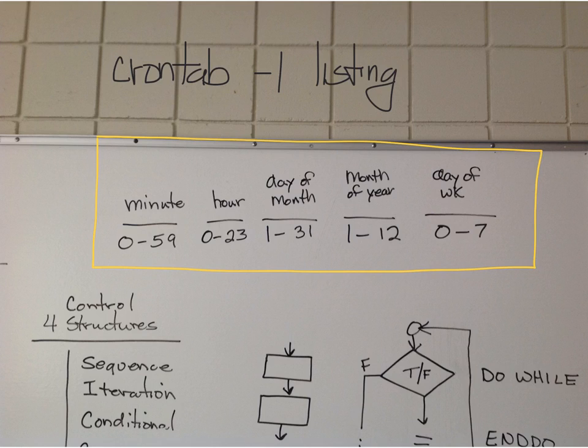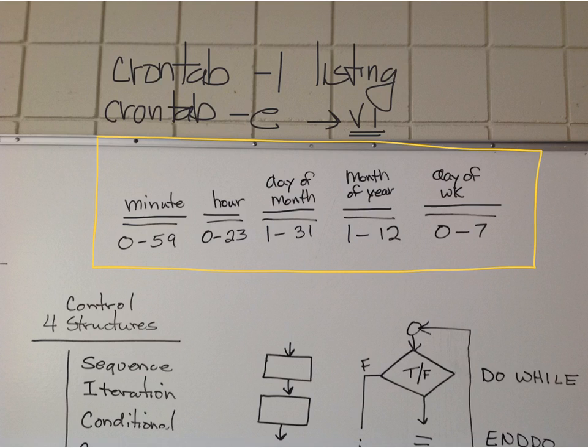Then you can go crontab -e, and it'll open up your crontab in vi in order to edit it. And when you create it, you can indicate what minute you want something to start, what hour, what day of the month, month of the year, or day of the week.